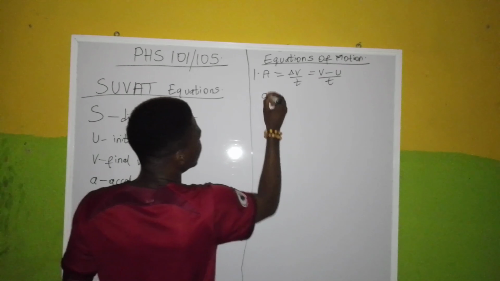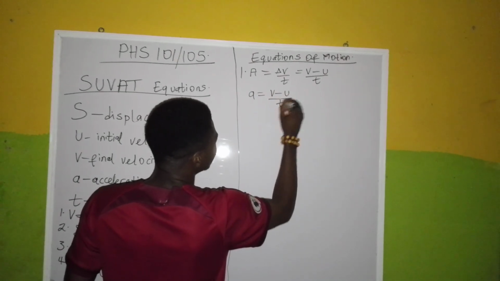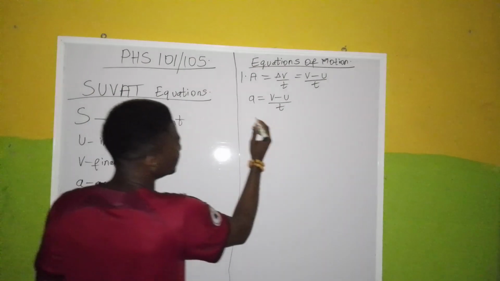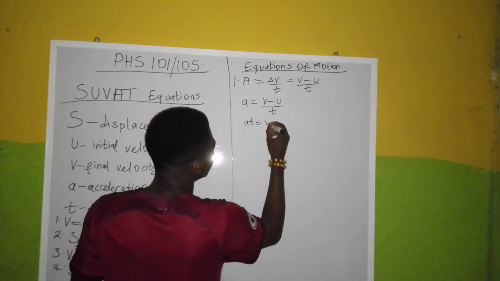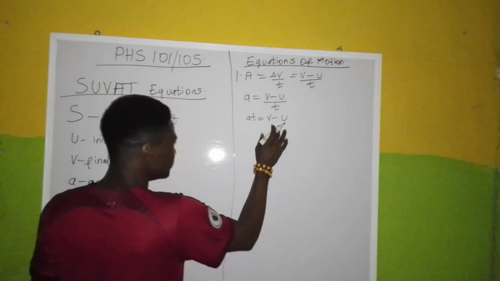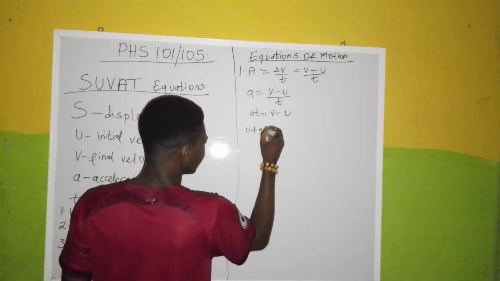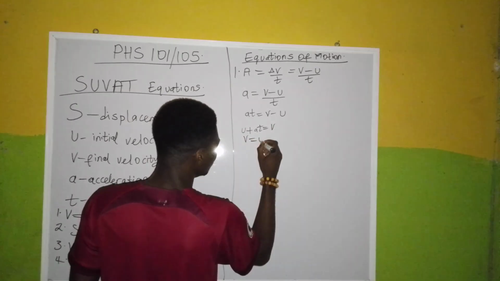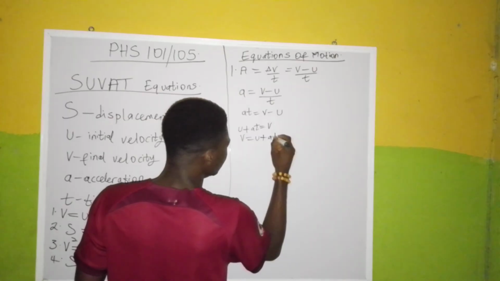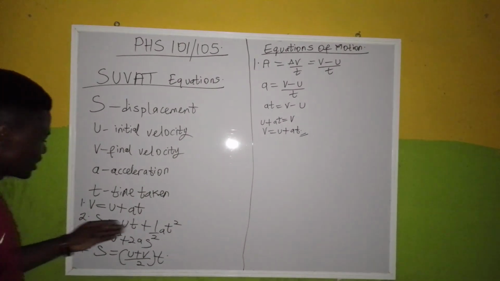So if we have A equals (V minus U) over t, and we cross multiply, we have AT equals V minus U. If you bring the U to the other side, it becomes positive. So we have U plus AT equals V, which is basically V equals U plus AT. First equation proved.